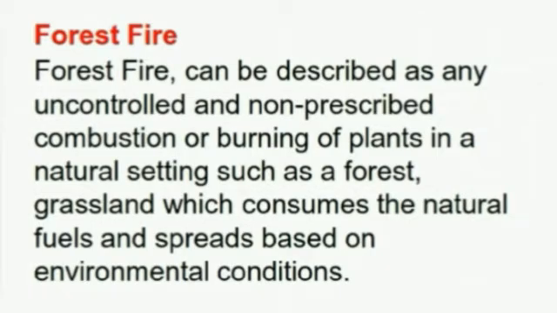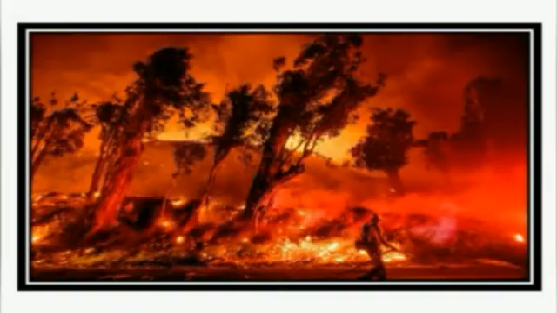Actually, natural and man-made. There are two main causes for forest fire, but we'll focus on natural causes, such as lightning, which can actually set trees on fire. High atmospheric temperature and dryness offer favorable circumstances for a fire to start. So this is how forest fire can start.